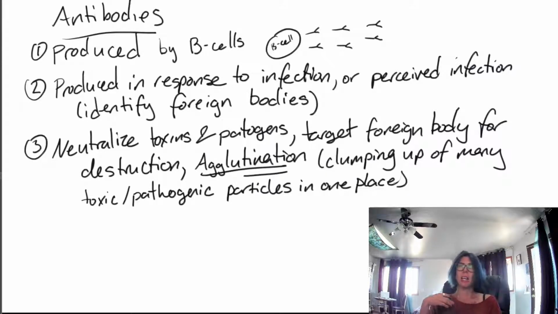Right. Now, B cells produce antibodies that are specialized to target specific toxic or pathogenic molecules. So these antibodies have very unique and specialized receptor shapes on them. So the spot on the antibody that binds is unique and targeted to a specific toxin or a specific pathogen.